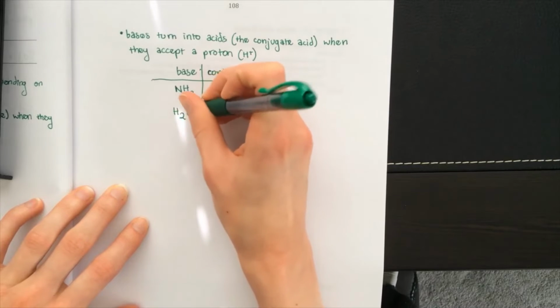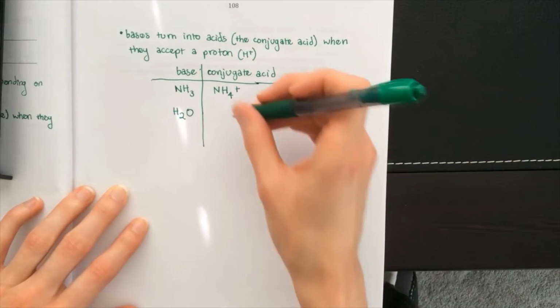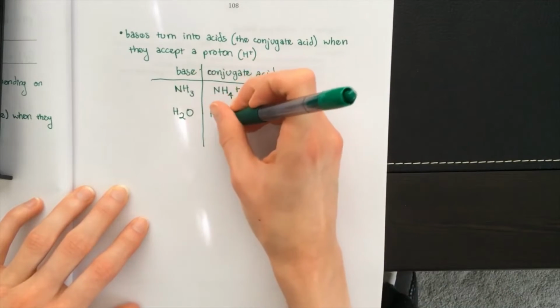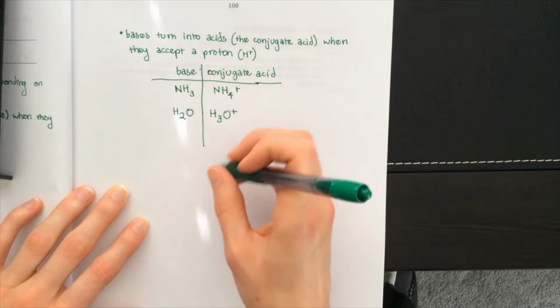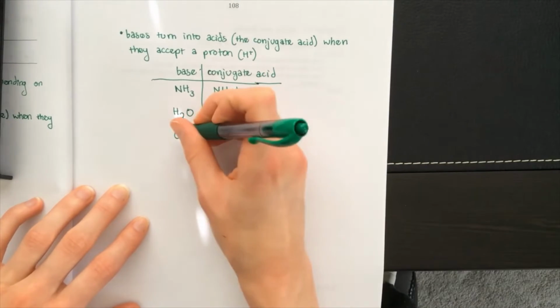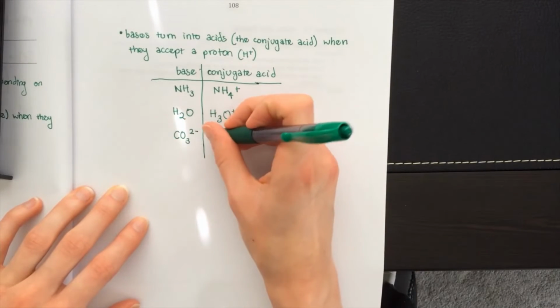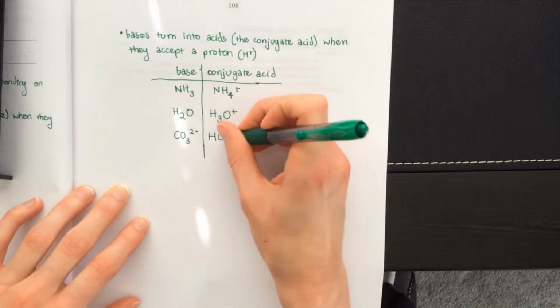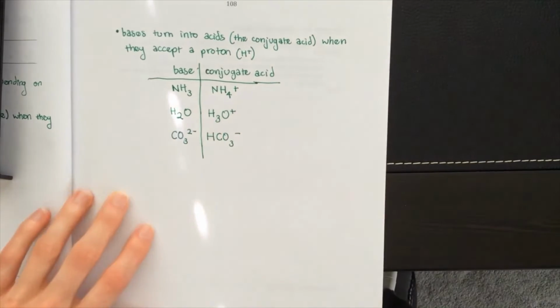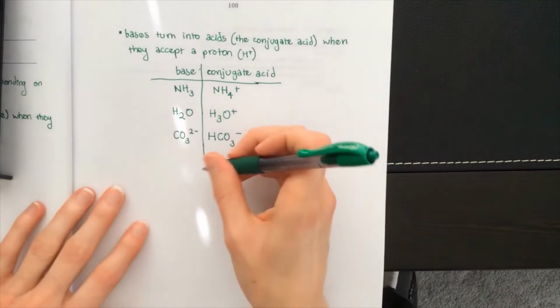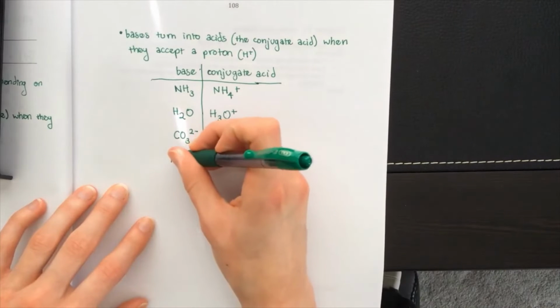H2O can be a base. It can also be an acid. It can be both. If it accepts an H, it turns into H3O plus. CO3 2 minus, carbonate ion, can accept an H, and then it becomes a little bit less negative because it accepts a positive H. Again, like I said, some things can be acids and bases.